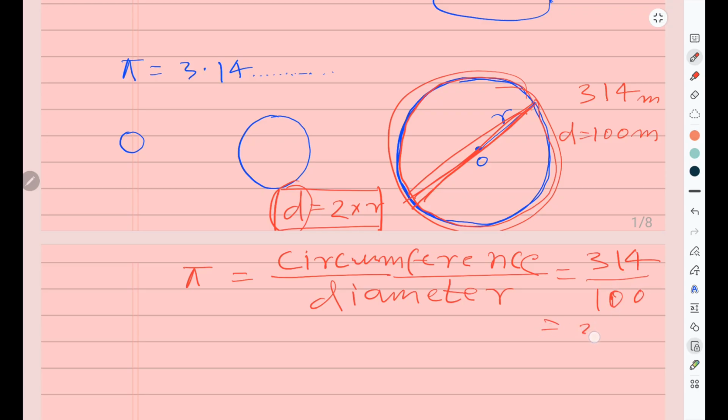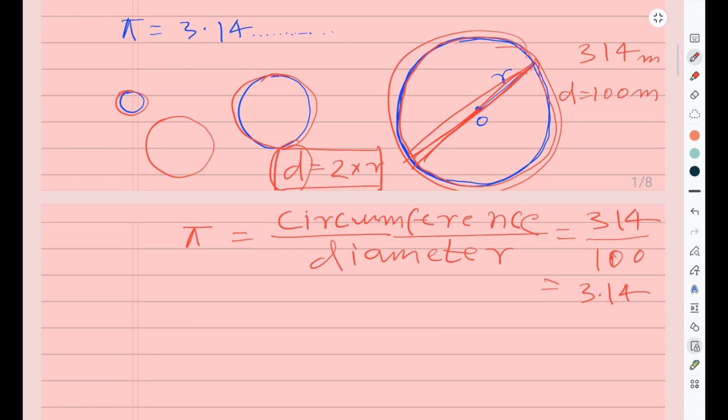So how much do we get? 3.14. Whether you measure this ratio in this circle or any circle, you must know that all circles are similar. If you have not seen my video where I described similarity of shapes, you can go and see it. There are conditions which should be fulfilled for that.